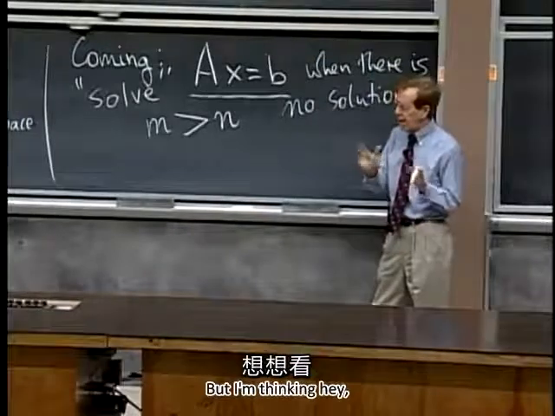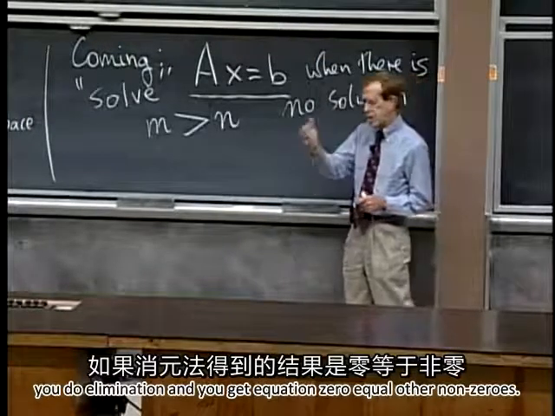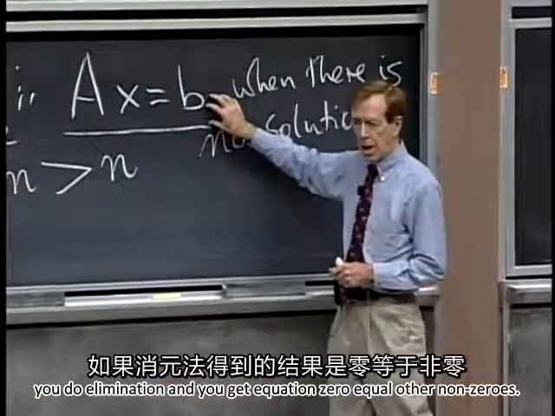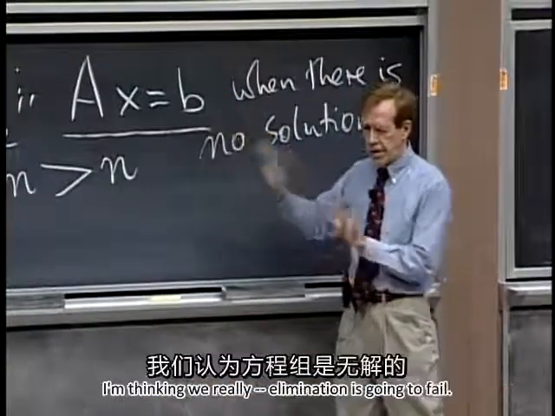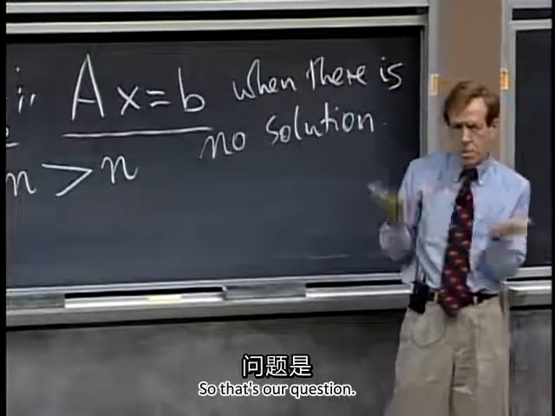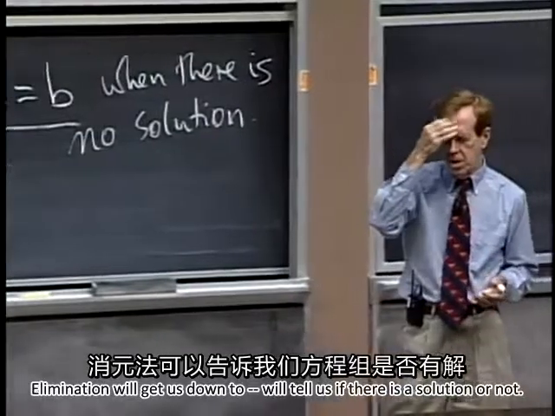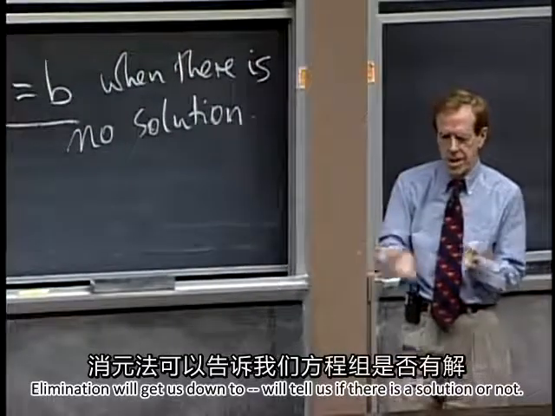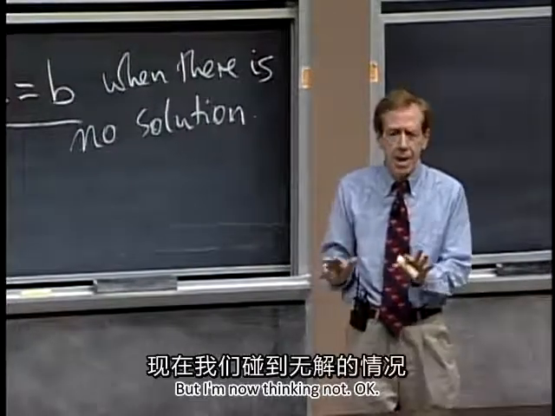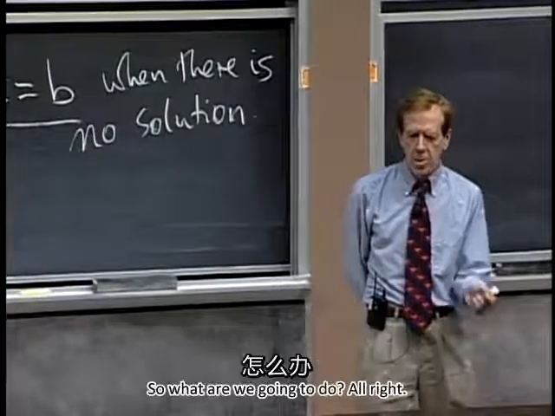But I'm thinking, you do elimination and you get equations 0 equal other non-zeros. I'm thinking elimination is going to fail. Elimination will tell us if there is a solution or not, but I'm now thinking not. Okay, so what are we going to do?